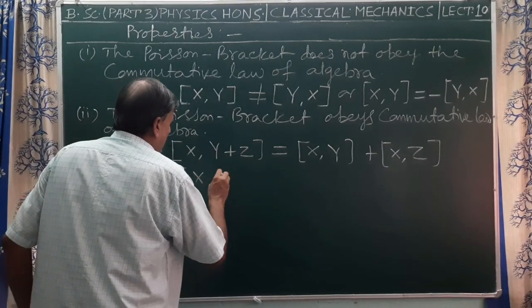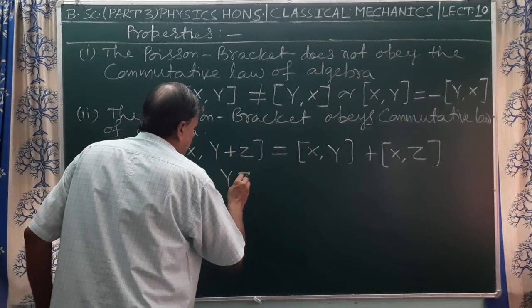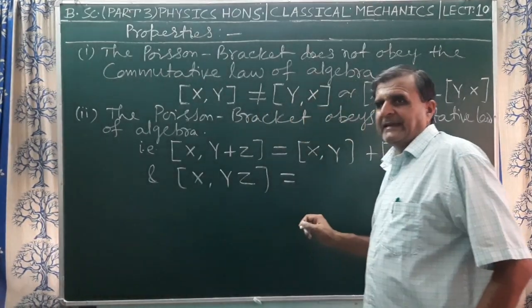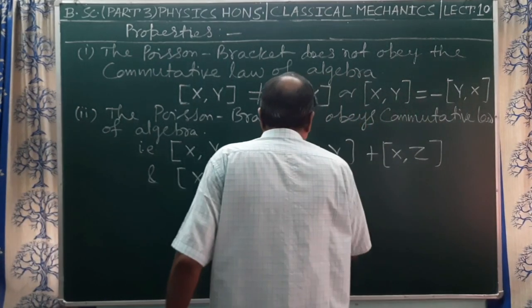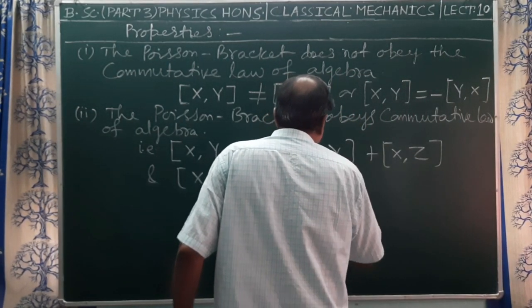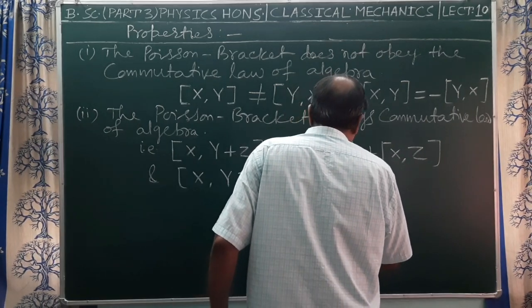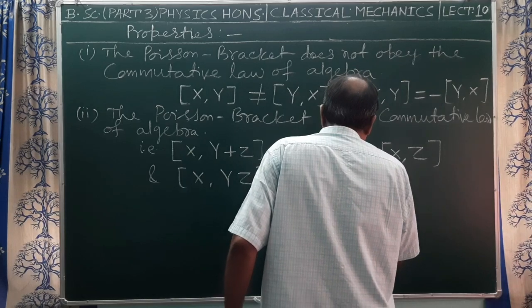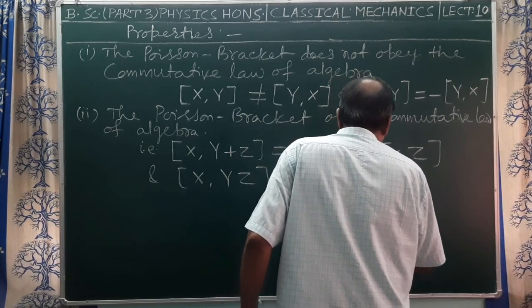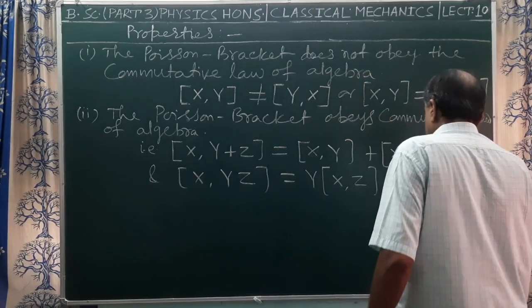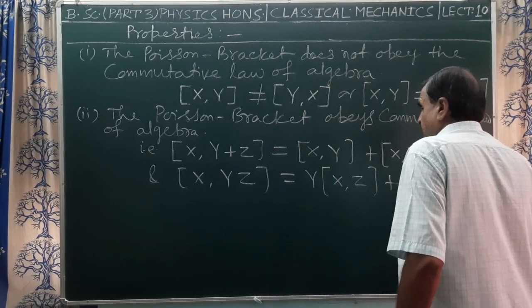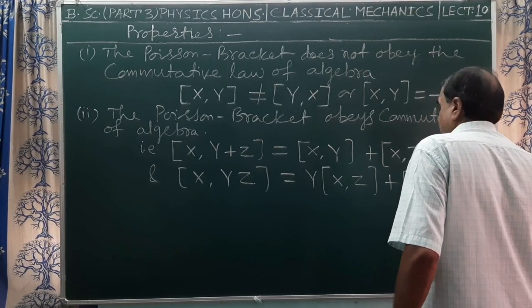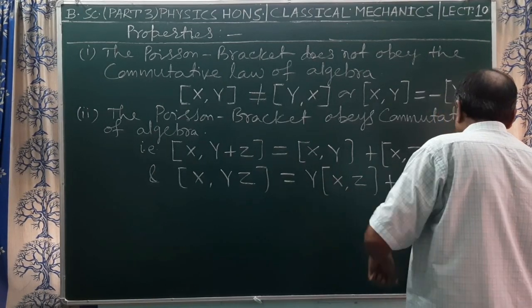[X, YZ] equals, now Y can be taken out of the square bracket, so we have Y [X, Z] plus, in the second term, [X, Y] with Z outside the bracket.